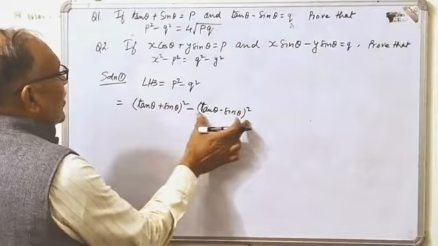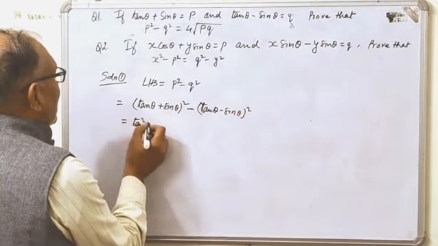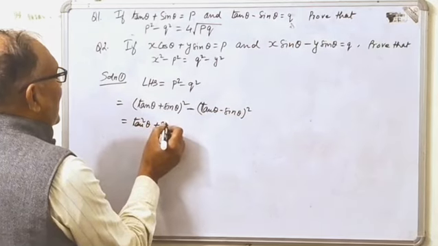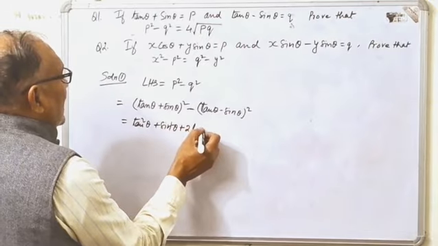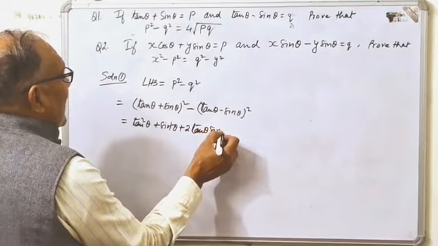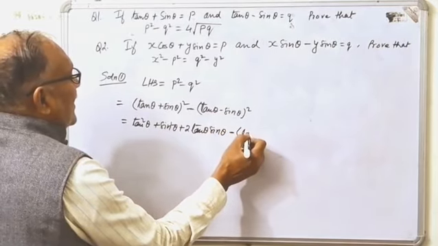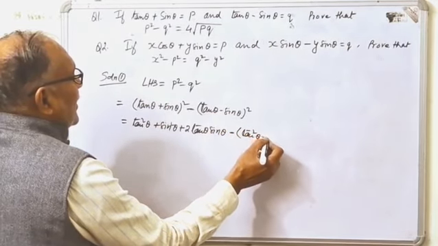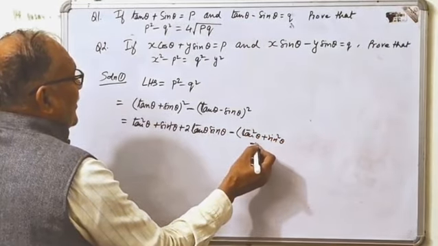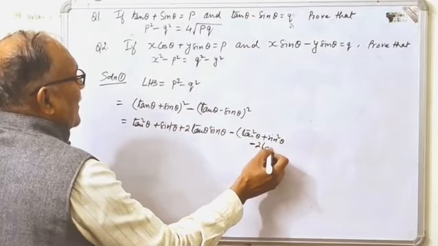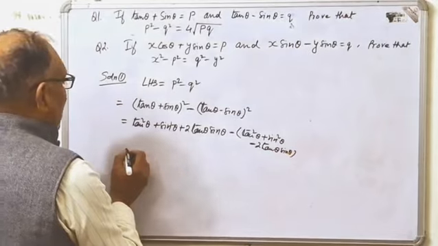Now squaring both these expressions, tan square theta plus sin square theta plus 2 tan theta sin theta, minus tan square theta plus sin square theta minus 2 tan theta sin theta.